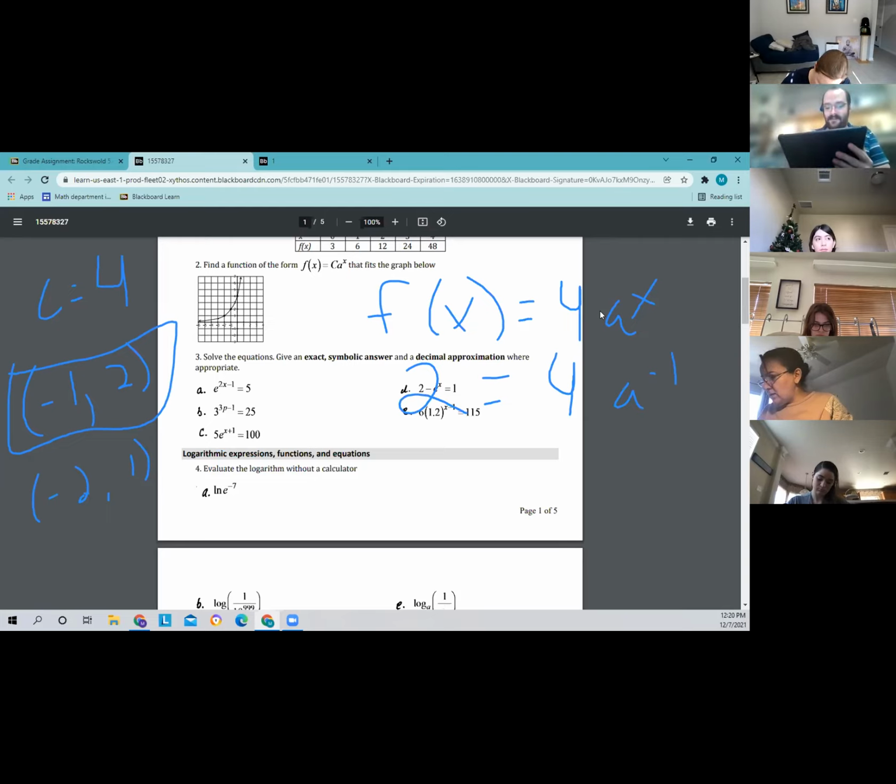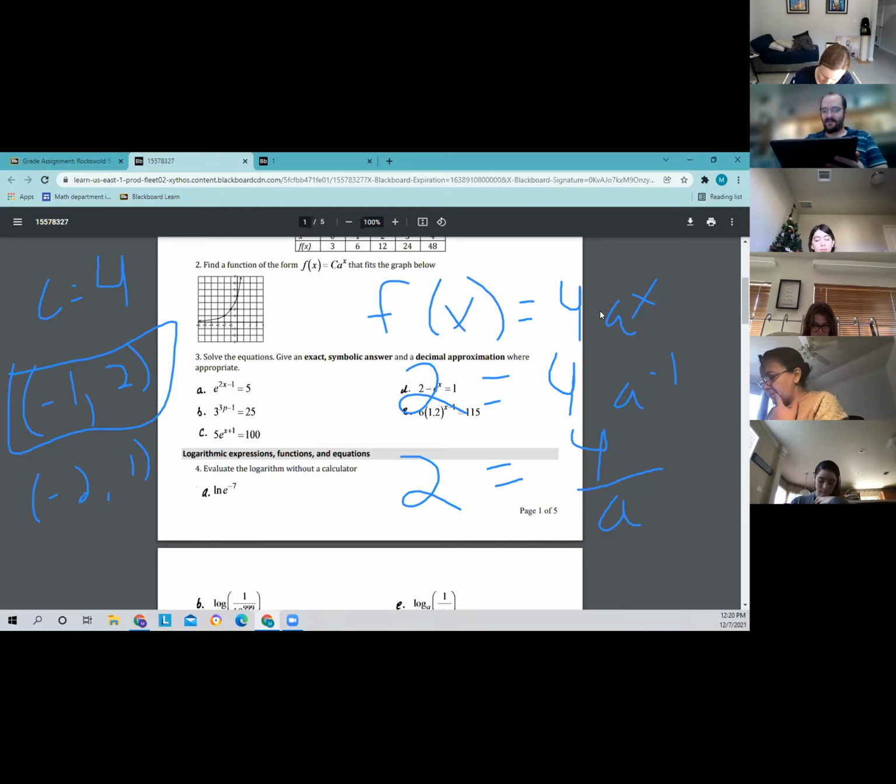There are a few different ways to do this at this point. But A to the -1 is like I'm doing what? Flipping it, right? I'm basically dividing by A to the first power. It's like 1/A. I do 4 times 1/A, I get 4/A.